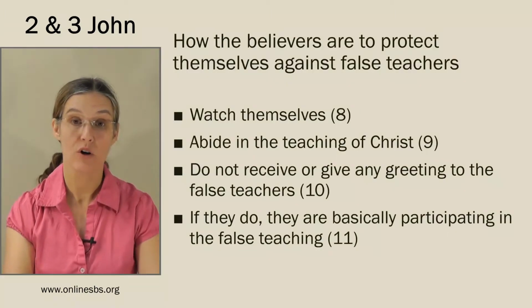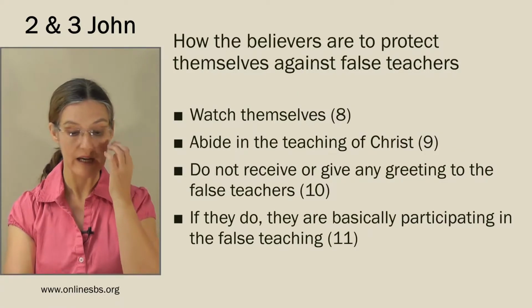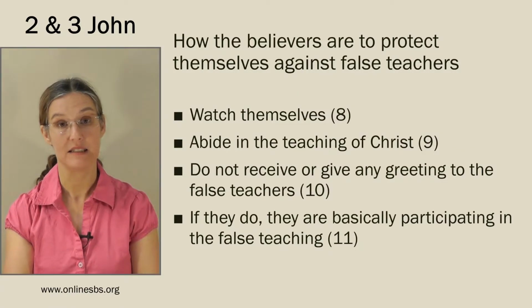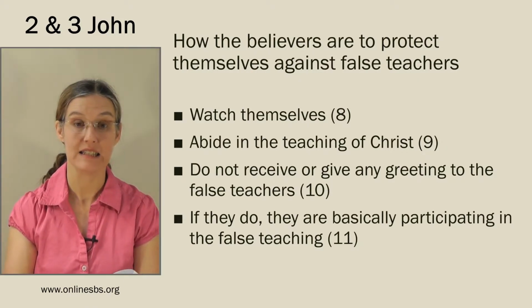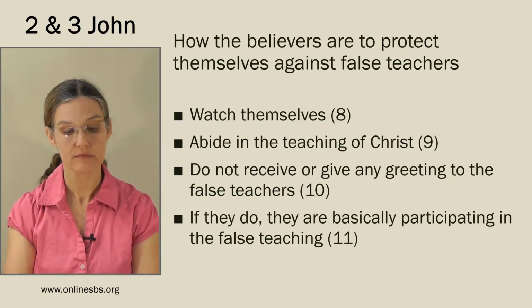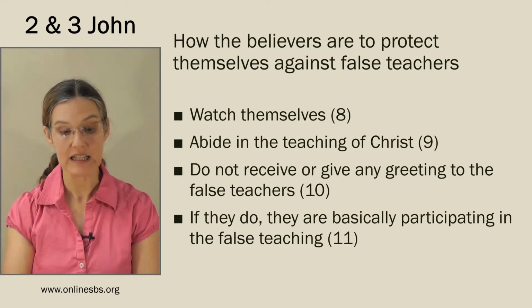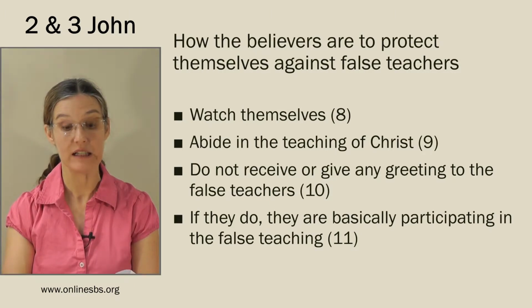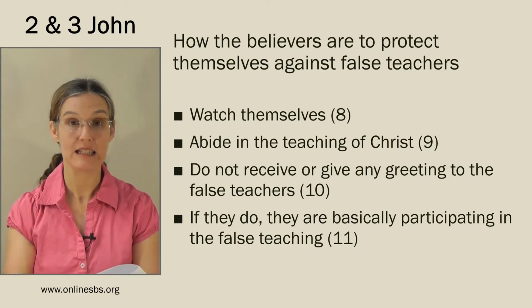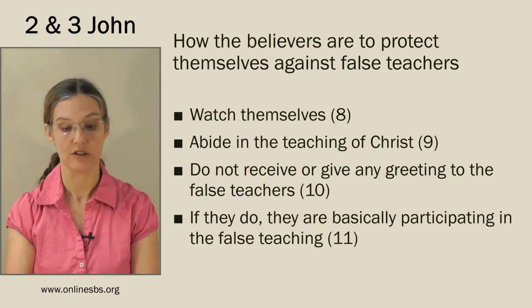So how were the believers, the original readers, to protect themselves against these false teachers? Well, you can observe in verse 8 it says that they are to watch themselves. In verse 9, they are to abide in the teachings of Christ. In verse 10, they are to not receive or give any greetings to the false teachers. In verse 11, if they do, they are basically participating in the false teaching.